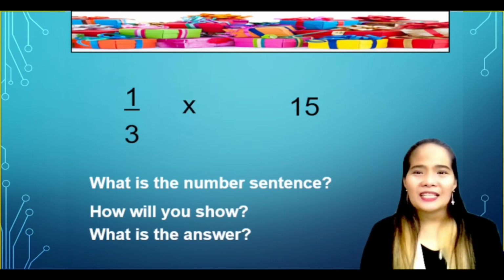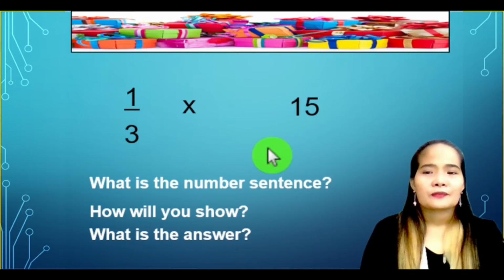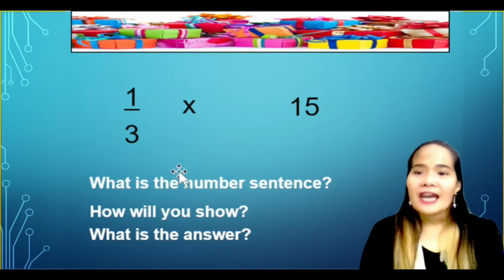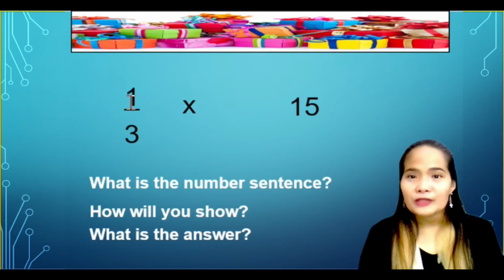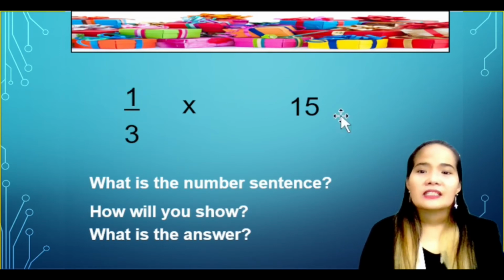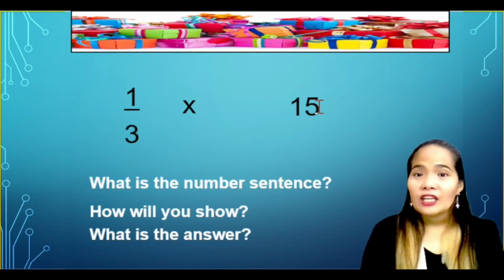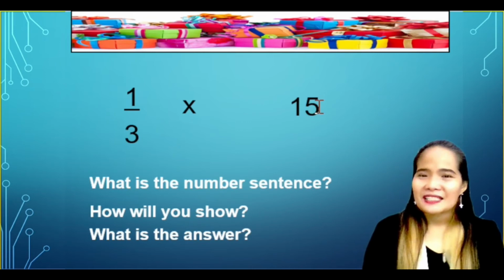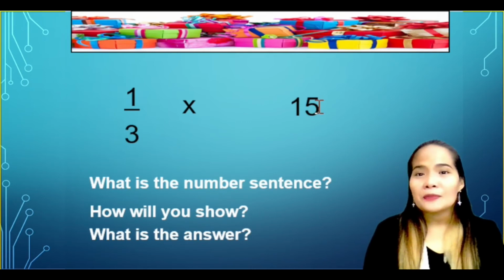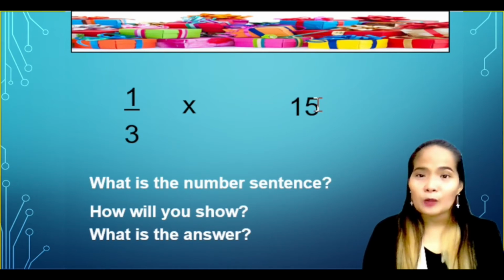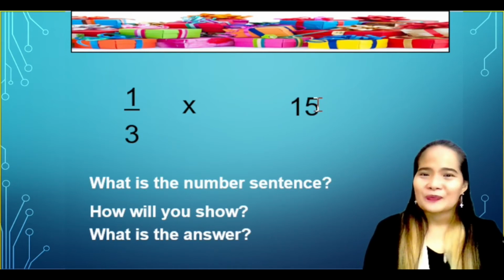What's the next thing we need to do, pupil number 12? We found out that we have the fraction 1/3 and of course, our whole number 15. We have to change the whole number 15 to a fraction. Remember, when we are multiplying fractions, we also have to change the whole number to a fraction.